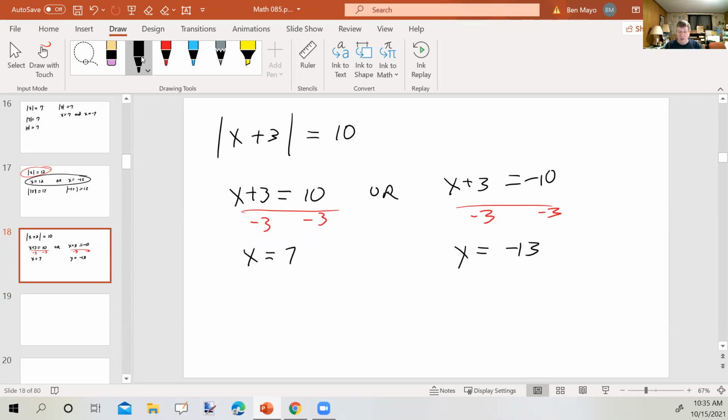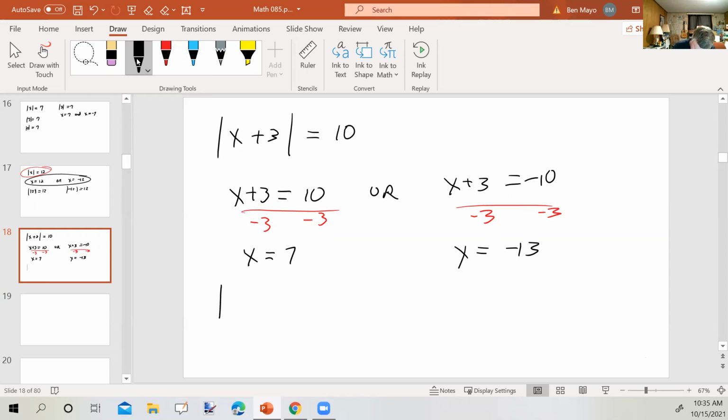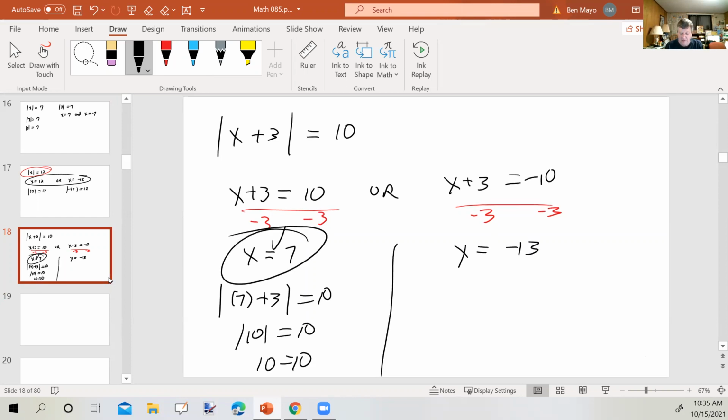Let's go back and check our answers. If x is 7, we would get the absolute value of 7 plus 3 equals 10. The absolute value of 10 equals 10. 10 equals 10, so x equals 7 checks. Let's see if x equals -13 checks. The absolute value of -13 plus 3 equals 10.